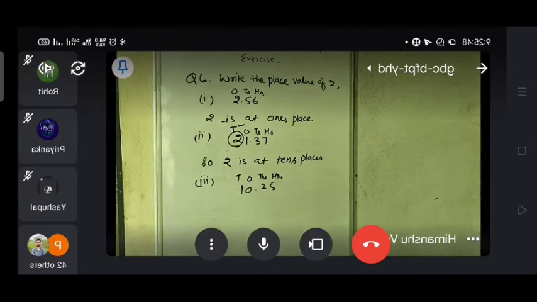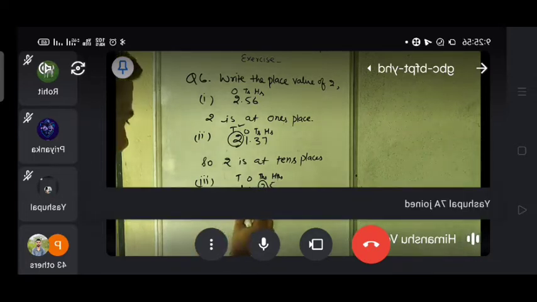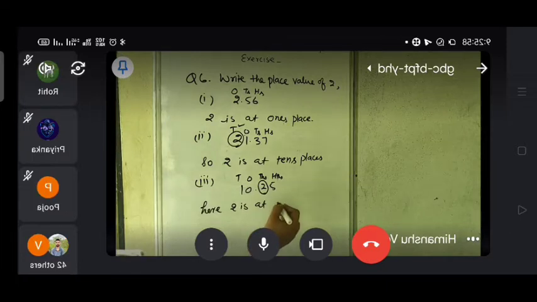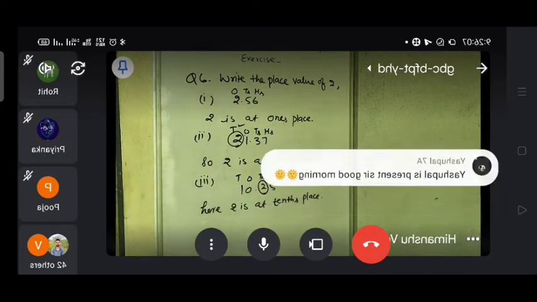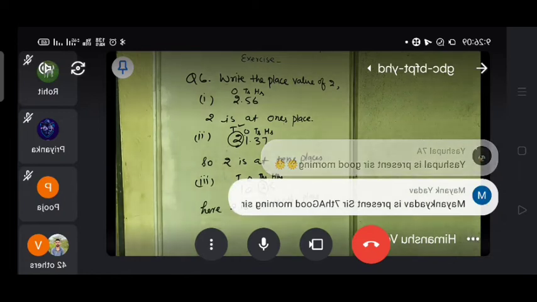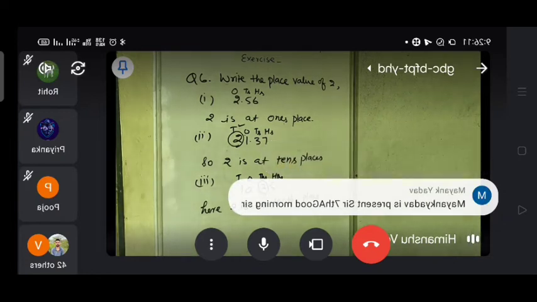What is the value of 2 here? 2 is at tenth place. Okay, so it is easy to identify. I'm taking just a screenshot of this question.